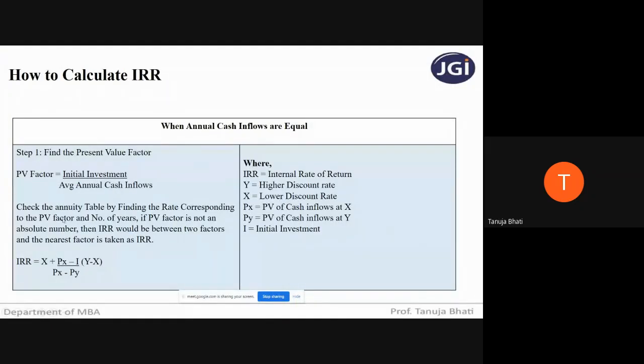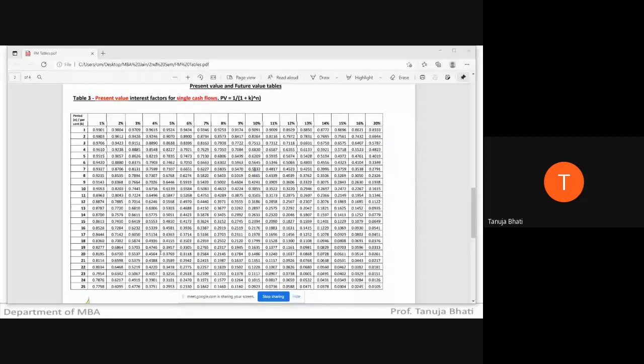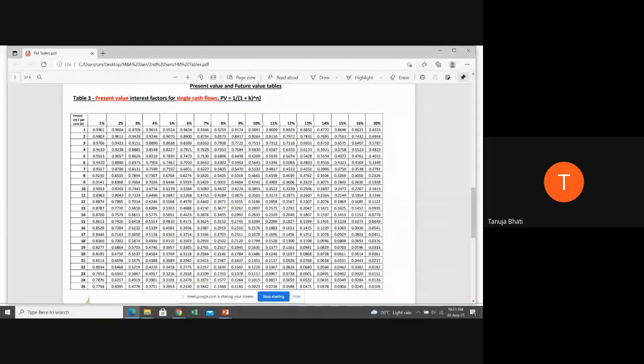Now, check the annuity table by finding the rate corresponding to the PV factor and number of years. If the PV factor is not an absolute number, then IRR would be between two factors and the nearest factor is taken as IRR. See, suppose you're not getting an exact amount of PV factor, which you can plot in the FM table.